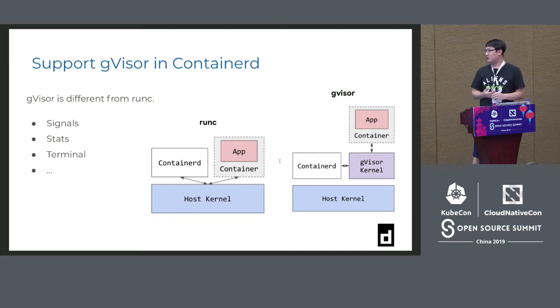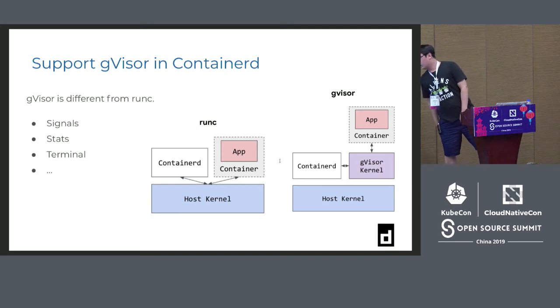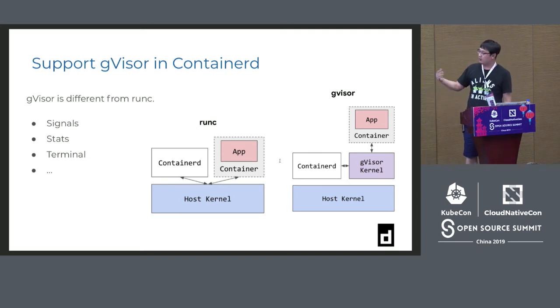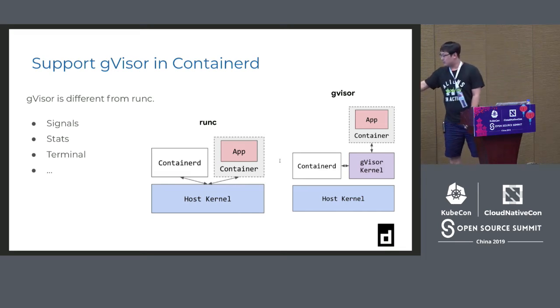To support gVisor in containerd, we need to make sure that gVisor is different from runc. On the left side is runc, on the right side is gVisor. You can see gVisor has its own kernel, and for runc, containerd assumes your application runs on the host kernel, so it may directly send signals to it, or when you exit a process, you can directly observe it.